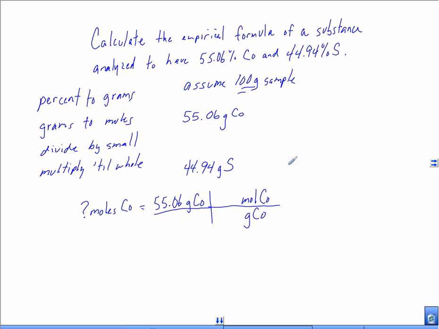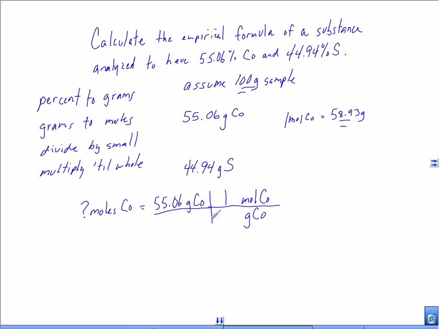And I know from my periodic table that 1 mole of cobalt has a mass of 58.93 grams. All I did was look on the periodic table to get the 58.93 grams. That's the molar mass of cobalt.